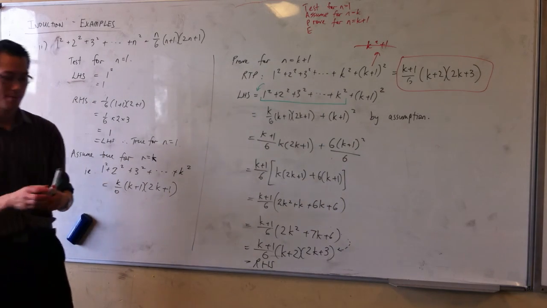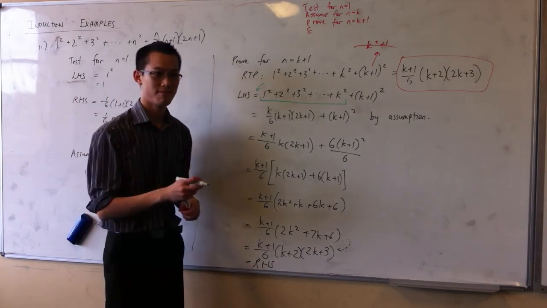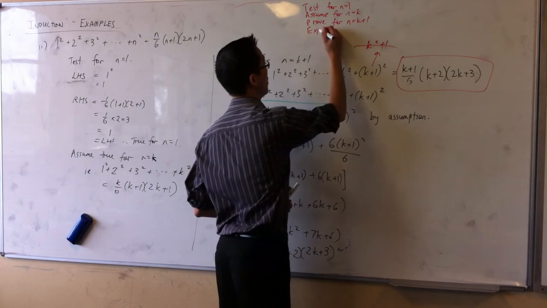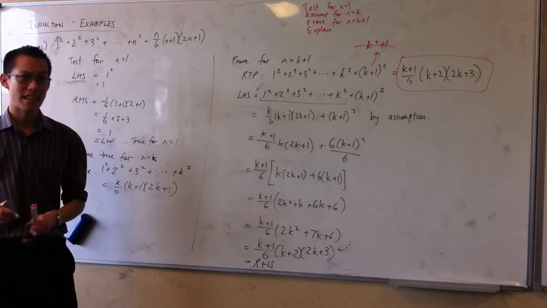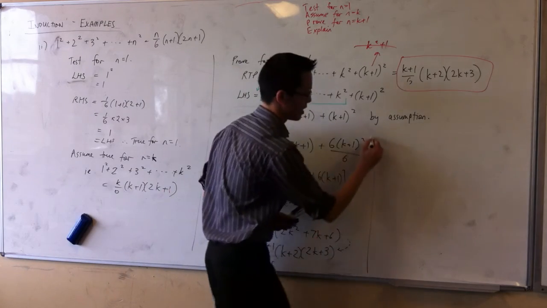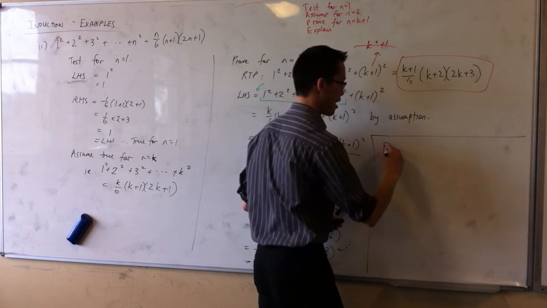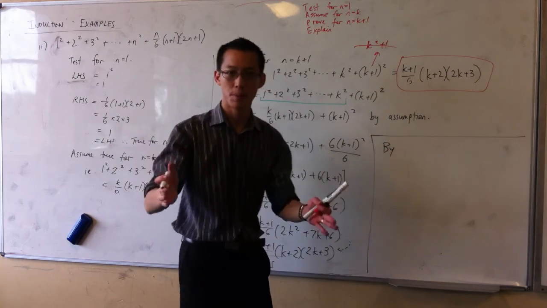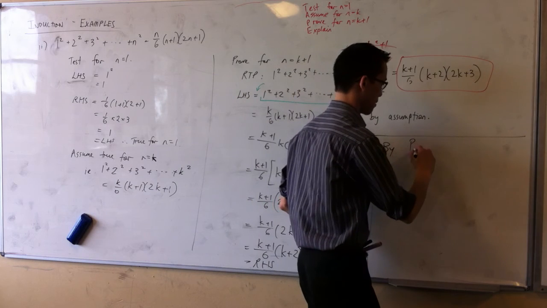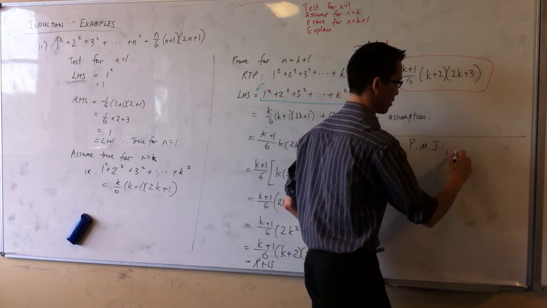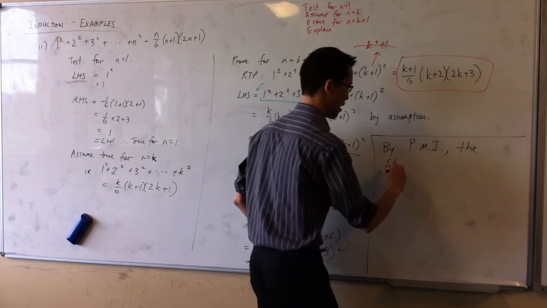What's my last step? What's the E for? I just have to explain. Which, as we saw before, these days doesn't take much. All I have to do, underneath all of this, is say, by the principle of mathematical induction, which is what we've been using, the statement's true.